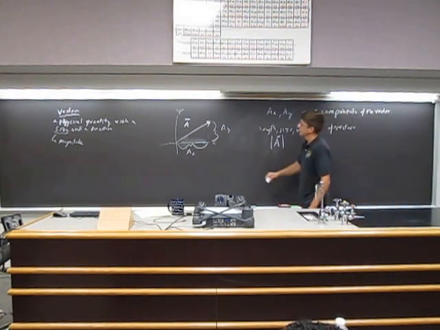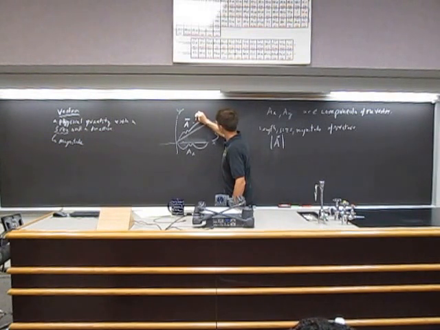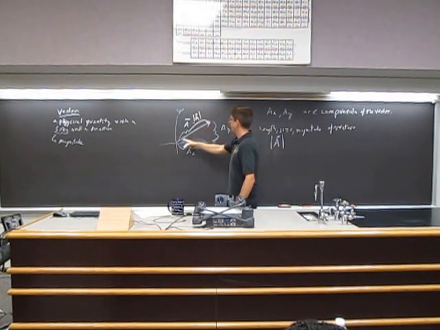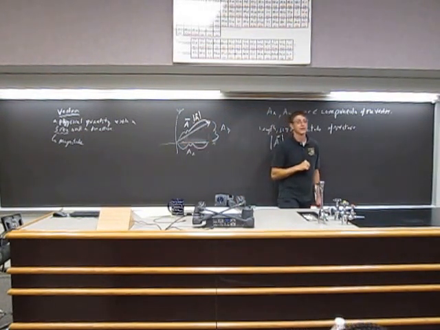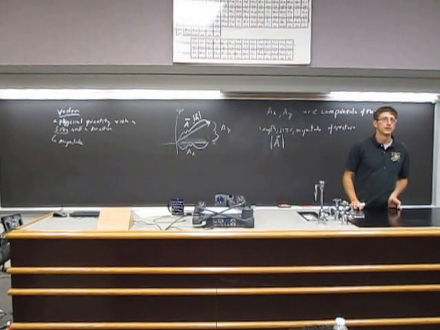So graphically, this thing is equal to the modulus of A, that length here, or magnitude of A. Does that make sense?